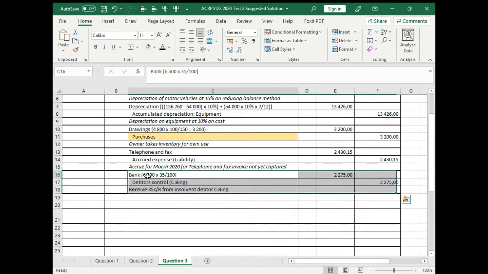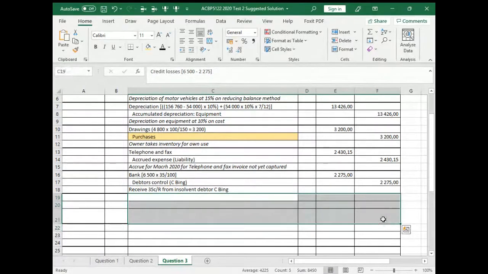So the first transaction would be the 6,500. You multiply it with 35 over 100 to get to an amount of 2,275 Rand. Now, the next transaction, you could have consolidated it with the previous one, but you don't have to if you prefer doing it separately. So then you debit the credit losses.